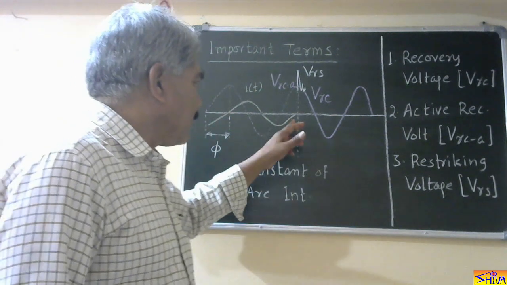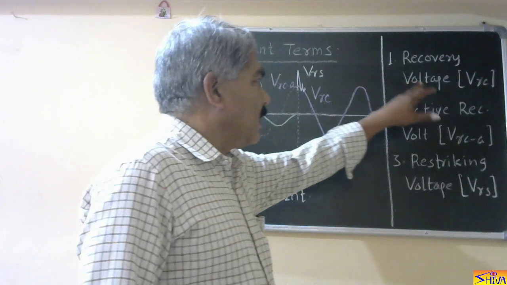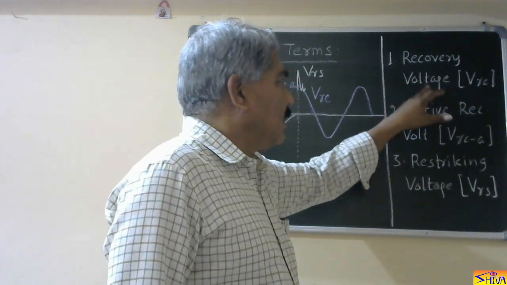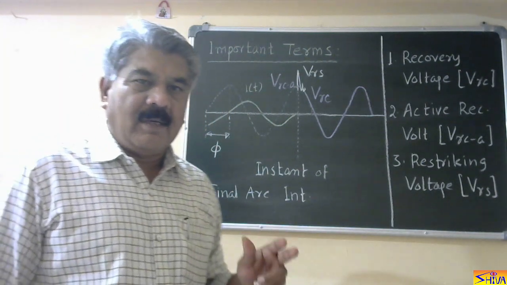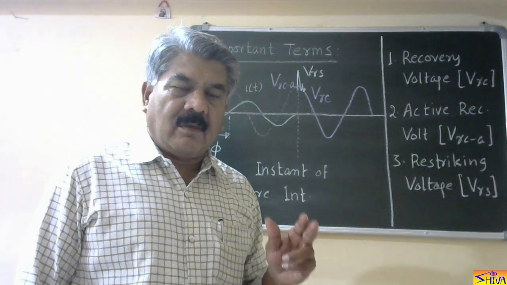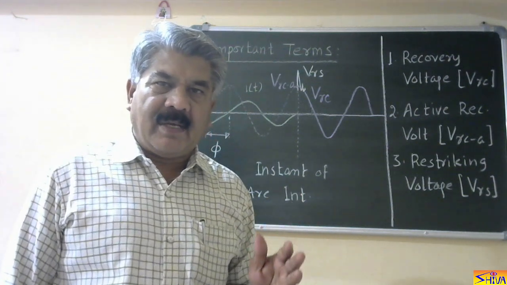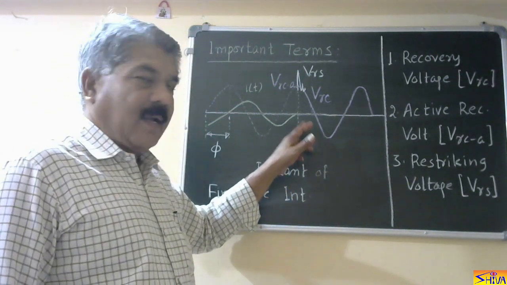At this instant, we define three terms. First is recovery voltage, which we denote by V suffix RC. The definition is, it is the normal power frequency voltage that appears across the circuit breaker poles at the instant of final arc interruption.